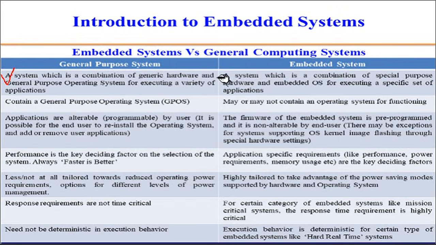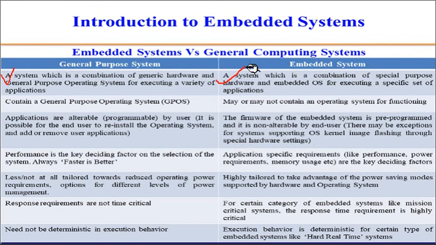And coming to the first comparison with respect to embedded systems, an embedded system is a combination of special purpose hardware and an embedded OS for executing a specific set of applications. As I told earlier, the embedded system will be performing only a specific set of applications, and it is a combination of specialized hardware.